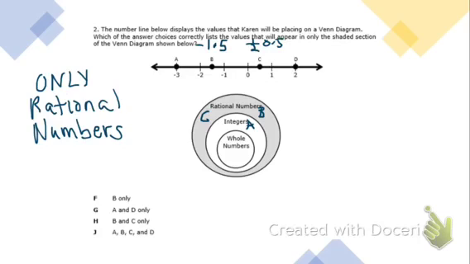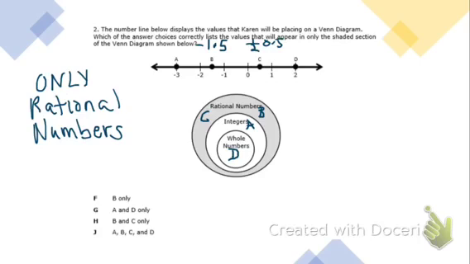And let's move on to D. D is 2. It's a whole number. So I would say D would fall in this category. So the only two that are rational numbers are B and C.